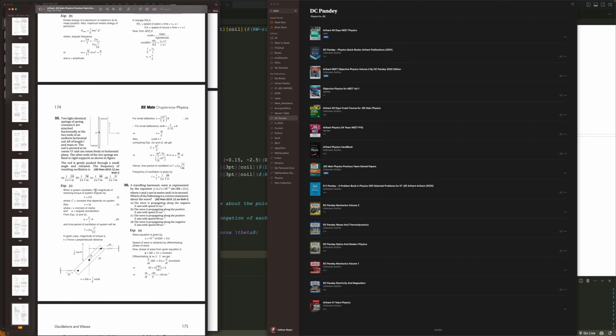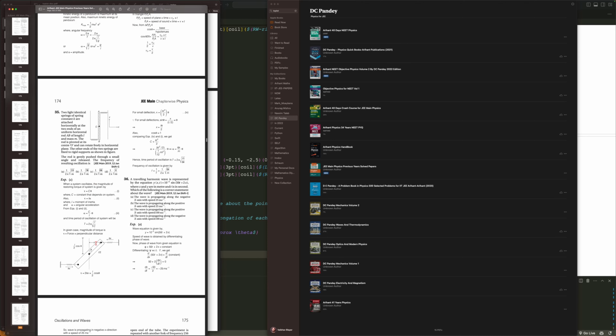As you can see, 6 is the right answer, but I don't know how it got incorrect. L by 2 cos, no, it must be sine. So yes, it's correct. KL square upon theta. Wow, how did it happen? 1/12. Oh, no, it's right.